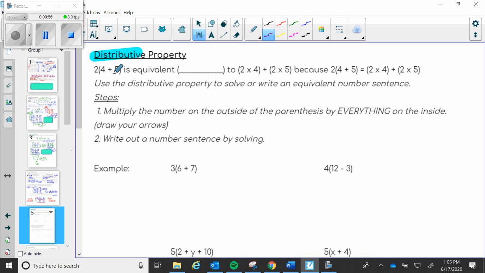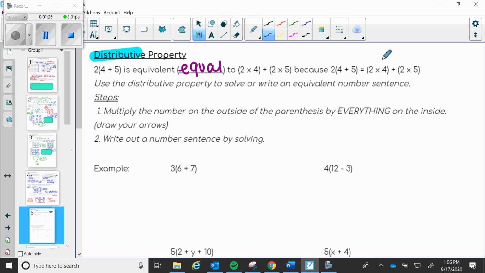So distributive property, 2 times (4 plus 5) is equivalent. Another word for equivalent would be equal. So 2(4 + 5) is equal to 2 times 4 plus 2 times 5, because this is equal to this.